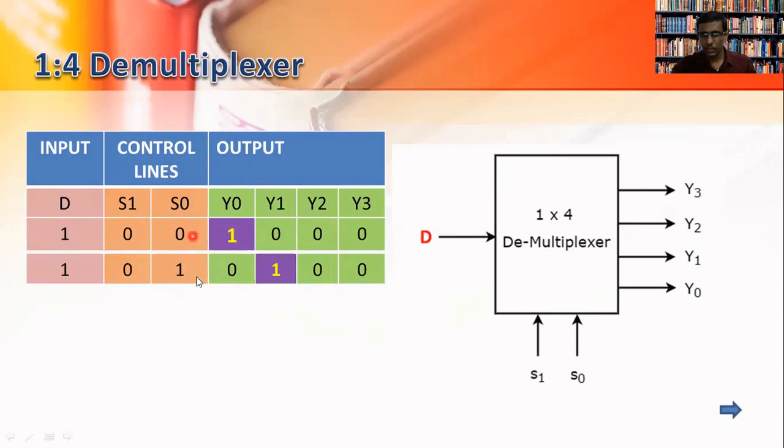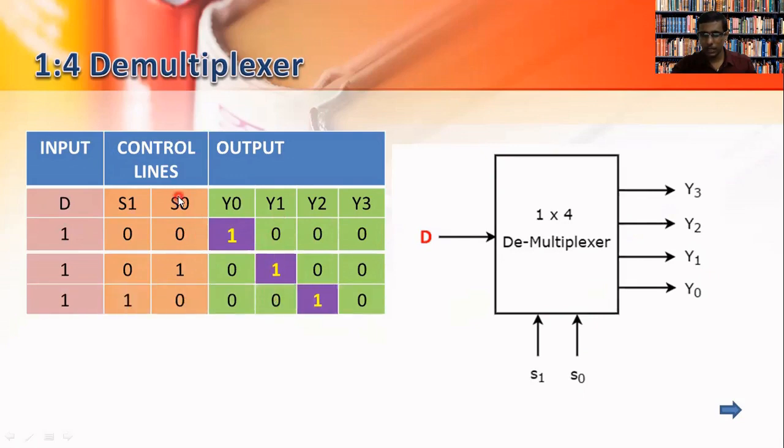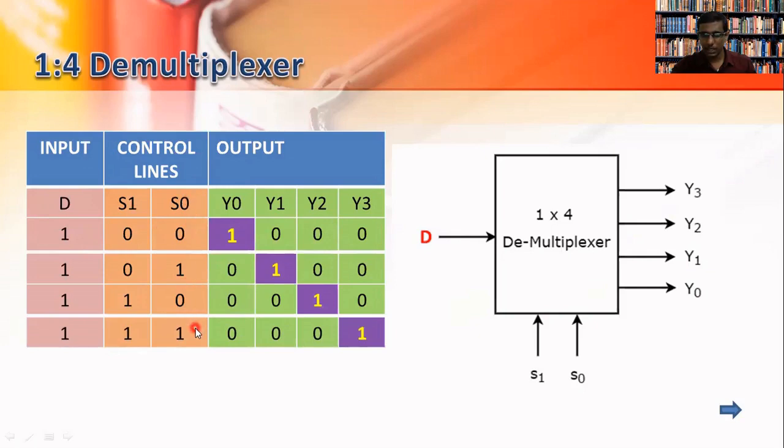When S0 is equal to 1 and S1 is equal to 0, we get D at Y1. When S0 is equal to 0 and S1 is equal to 1, we get D at Y2. When S0 is equal to 1 and S1 is equal to 1, we get D at last output, that is Y3.